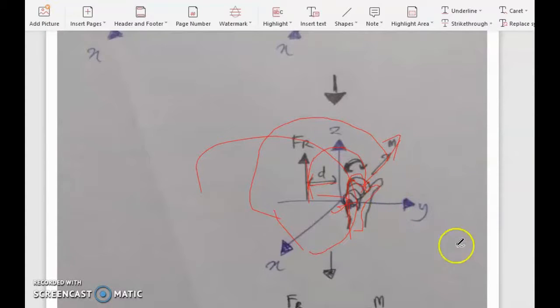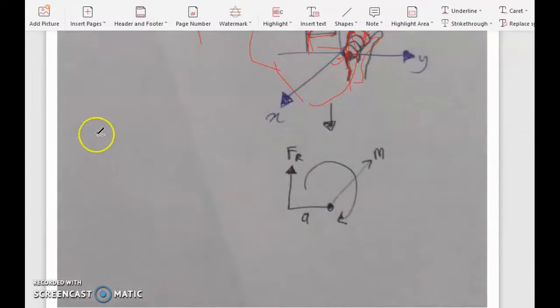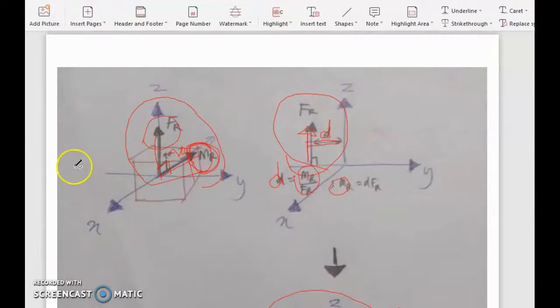Simply, this is the basic concept of force and moment, but the force and the moment must be perpendicular to each other. That's all.